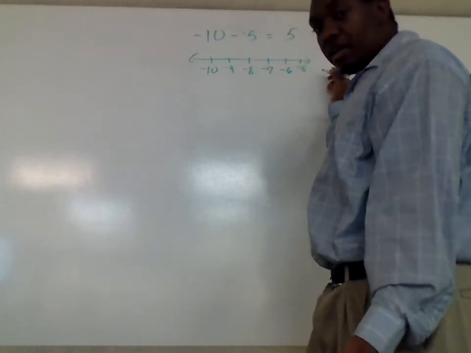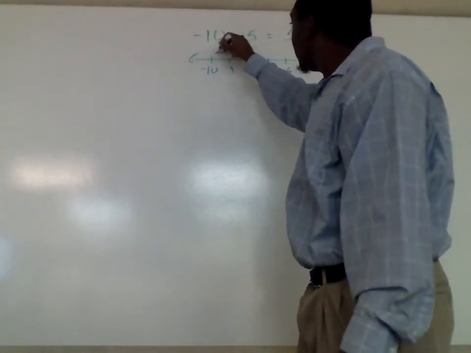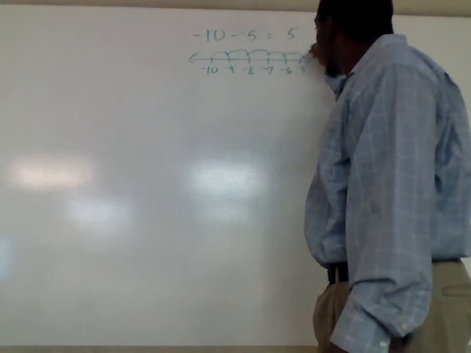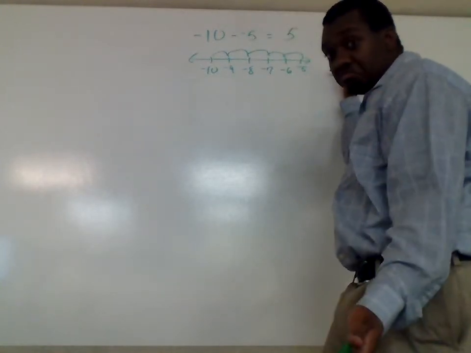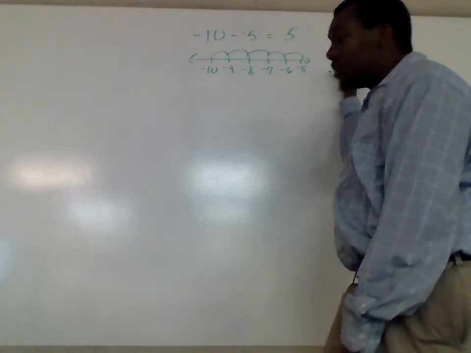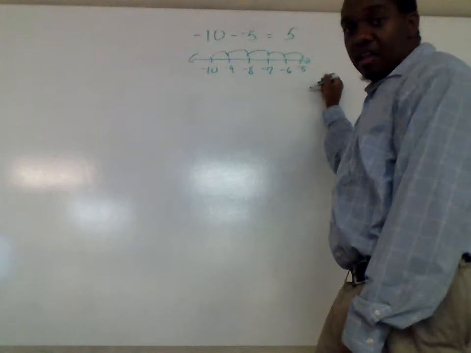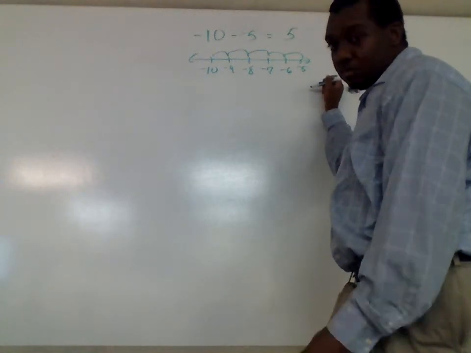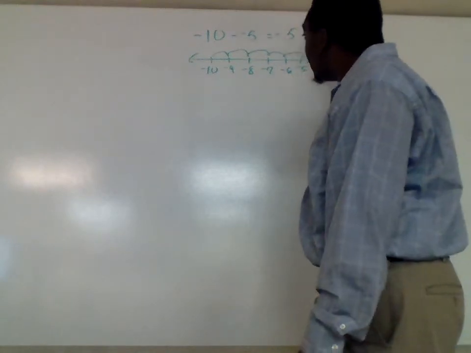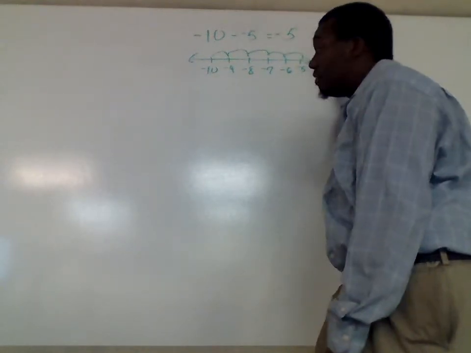How far apart is negative 10 from negative 5? It's quite simple. They're still just 5 apart. Now, we're on the negative side of this though, right? Yeah, we're on the negative side of this. So our answer is going to be negative 5.